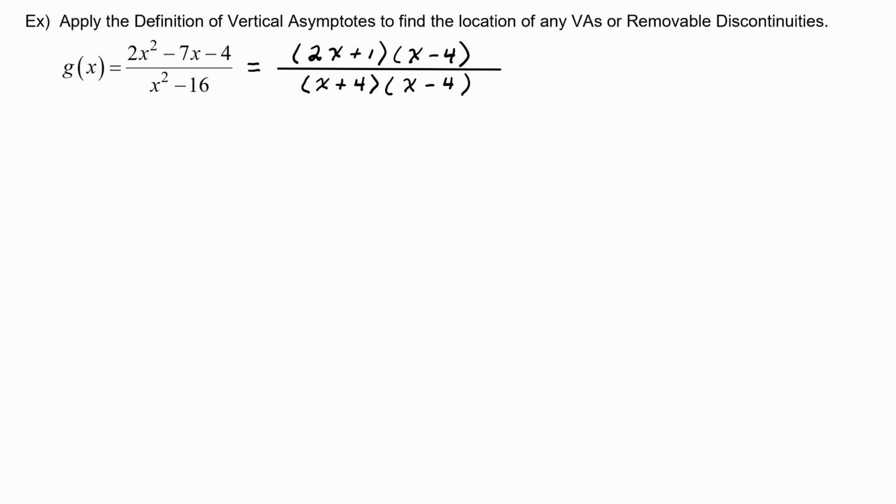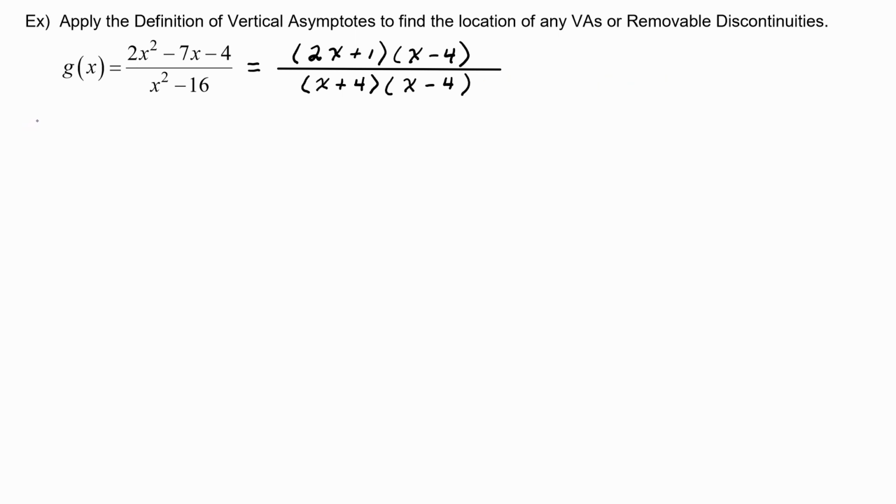Now, the denominator is equal to 0 at -4 and 4. So those are the potential locations of vertical asymptotes or removable discontinuities. So we will apply the definition of vertical asymptotes at both of those values to see what happens.